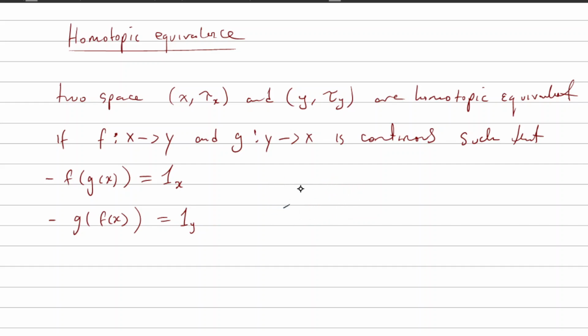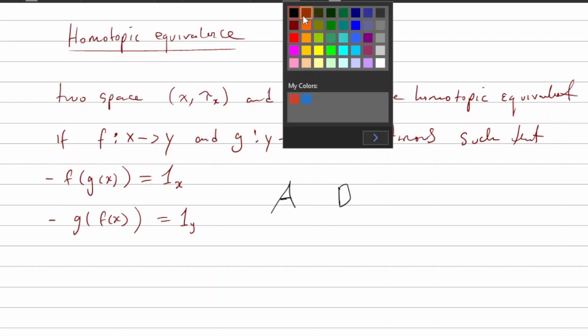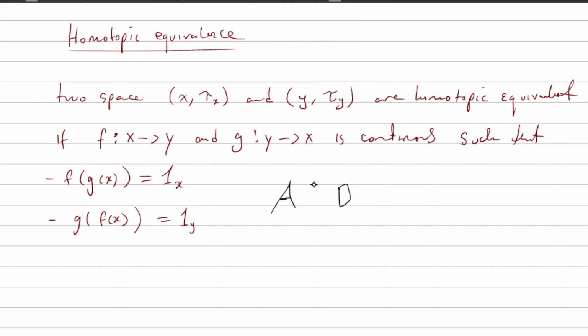Let me give two spaces that are homotopic equivalent: the letter A, as we were given in class, and the letter D. If you check the letter A and the letter D, this part can be deformed so that it forms this part of the D, and this part can be deformed so that it forms this part of the D, and these 2 points can be contracted to form the ends of the D. So you have moved from this point to this point, and you can also move back by stretching these points and you would have an A. That is the key idea in homotopic equivalence.